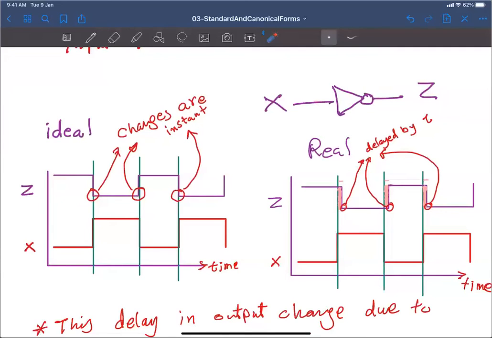So we expect in practice to see some sort of delay. If the input changes from 0 to 1, we expect the output to not change instantly, but to have some delay and then respond to the change in the input. This delay is referred to as the gate propagation delay, and it's denoted by the letter tau.